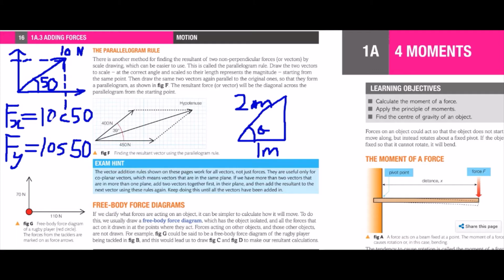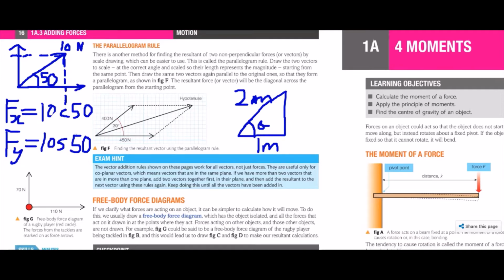So the technique becomes tedious when you use the graphical technique. However, with the mathematical technique, by resolving the forces manually and adding the components together, it becomes easier, and you can do it straight away with your calculator.